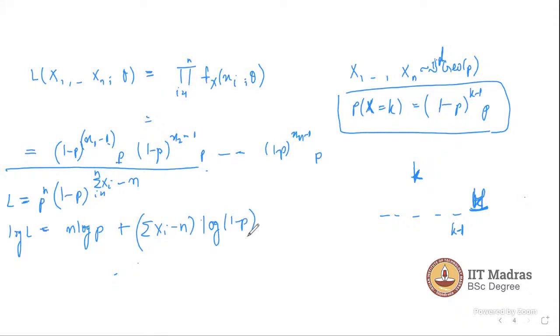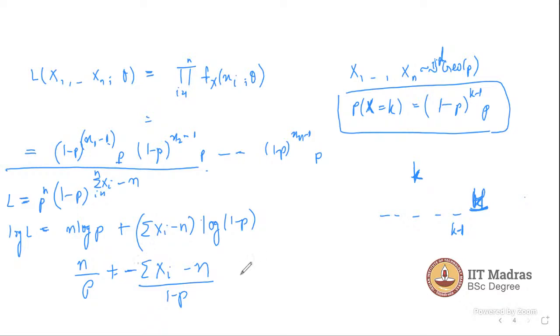After finding the log likelihood function, you differentiate it with respect to your parameter, which in this case is p. So it becomes n upon p plus (sum over xi minus n) divided by (1 minus p), with a minus 1 outside.